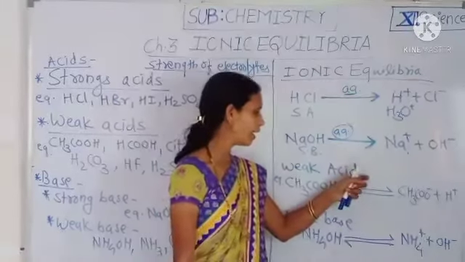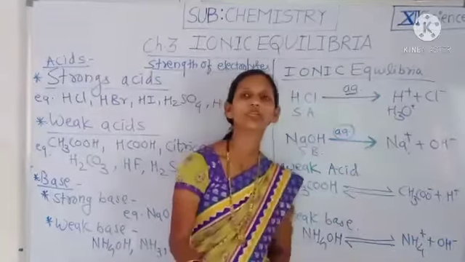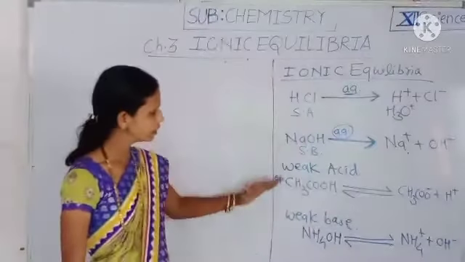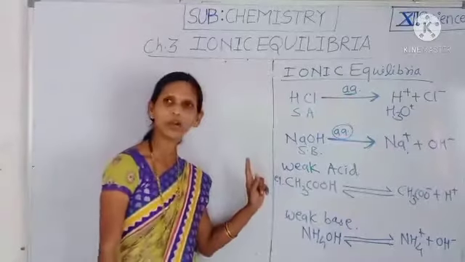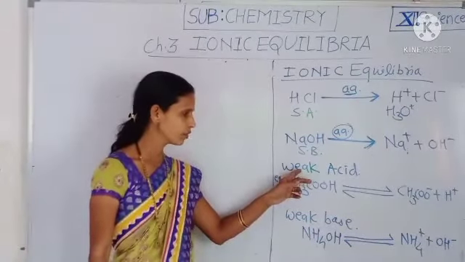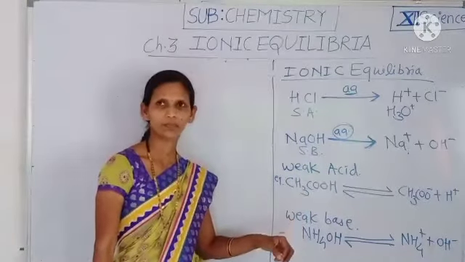That means it is now clear that ionic equilibrium is attained in a weak acid or weak base when dissolved in water. Therefore, here we can apply the law of mass action to the aqueous solution of a weak acid and the aqueous solution of a weak base.